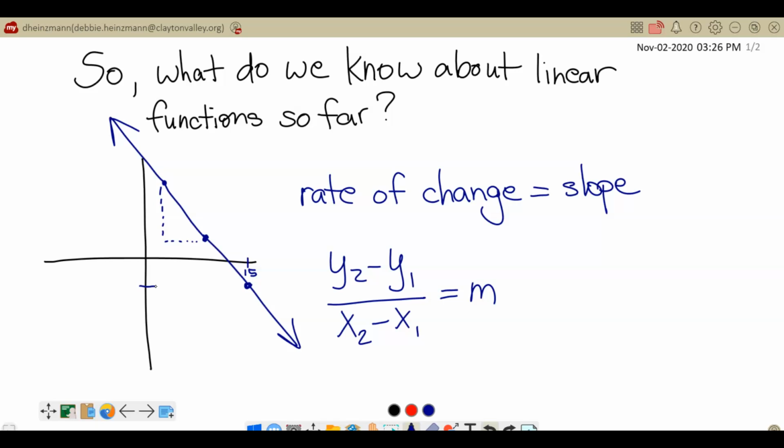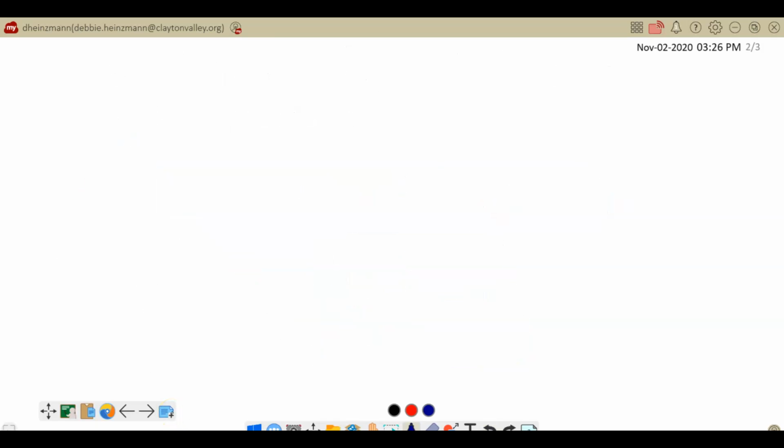Well, you have to have an equation to do that. Well, guess what we can do with the slope formula? The correct math term is derive. We can derive the equation of a line from the slope formula, and this is how that works.